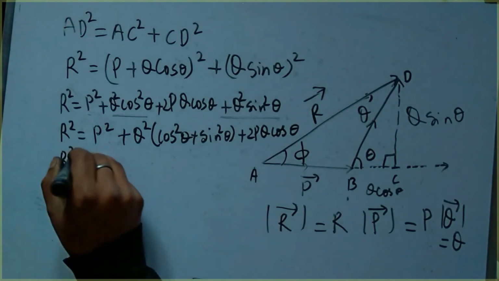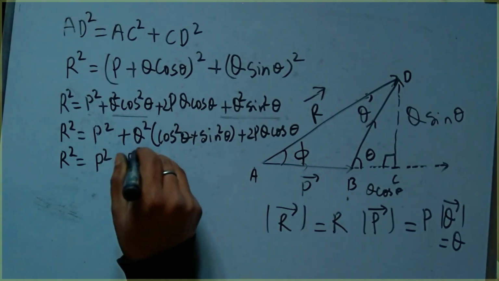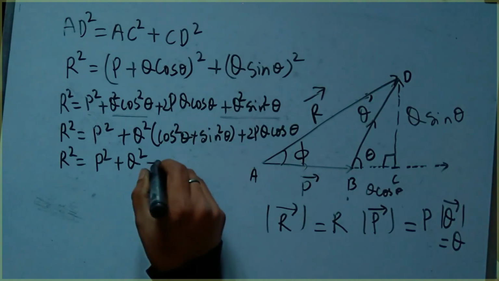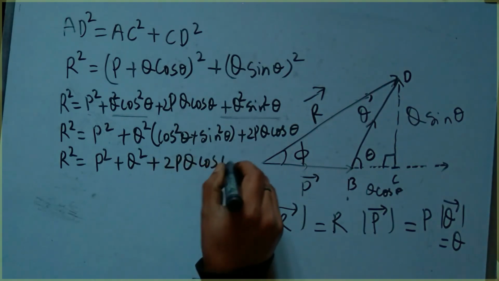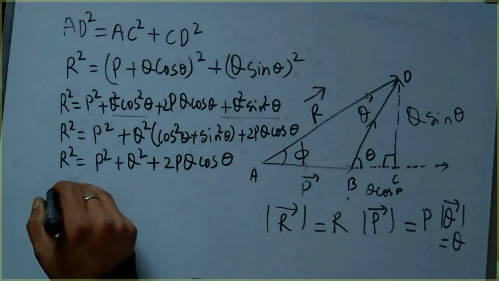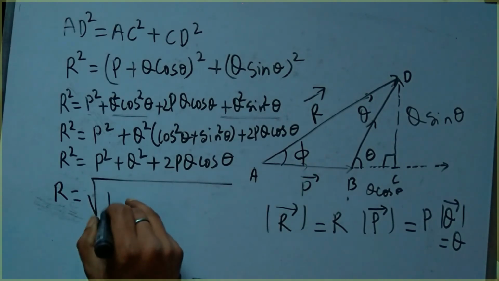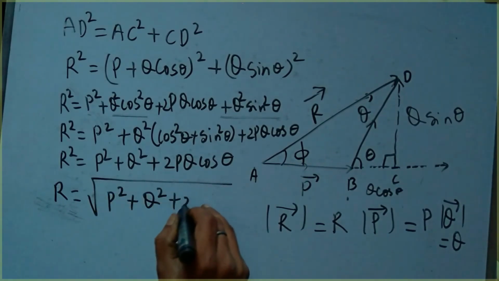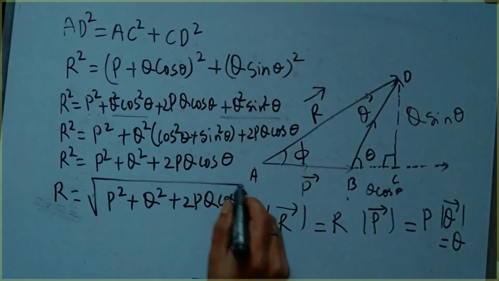Whereas cos square theta plus sin square theta is equal to 1. So R square is P square plus Q square plus 2PQ cos theta. We can write resultant R is equal to the square root of P square plus Q square plus 2PQ cos theta.